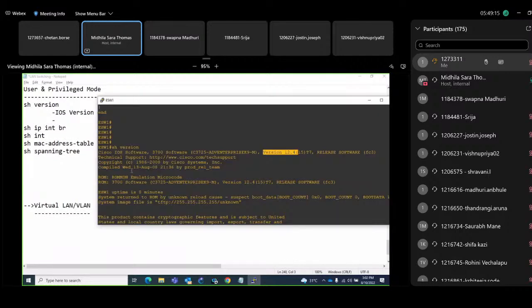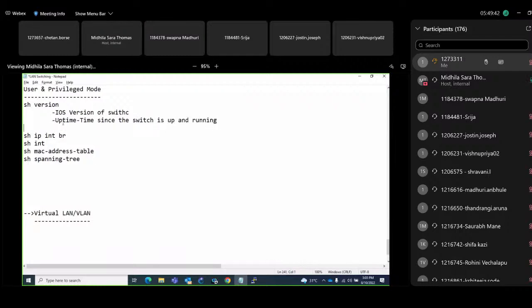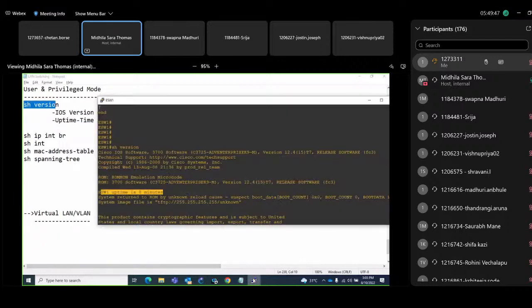Now there is one more thing. Do you see this? Uptime, the time since the switch is up and running. I turned on the switch 8 minutes ago. That is uptime. These are the two main pieces of information that you need to understand in show version: the IOS version of the switch, and for how many minutes the switch has been turned on.